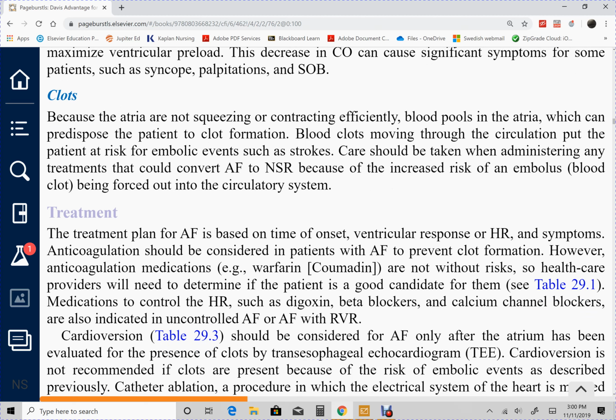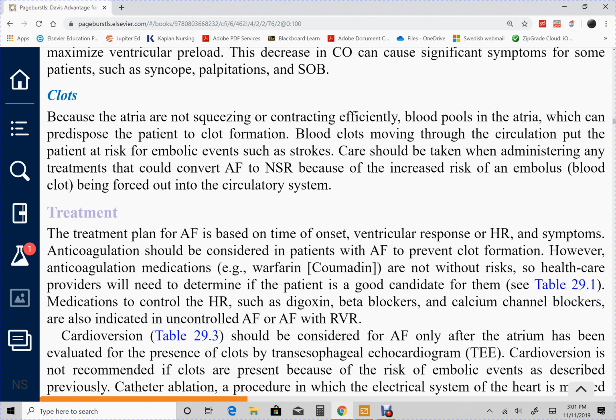We go heparin first because heparin will give immediate anticoagulation, followed by warfarin. Warfarin is used, as we already discussed last week, under valvular disorders. Unless the patient has a valve problem, then we can use NOACs.